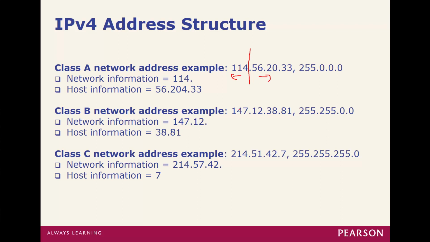With a class B, the first two are locked in. Those can change, or those cannot change. The last two can. With a class C, we lock in the first three. The last one is able to be changed.